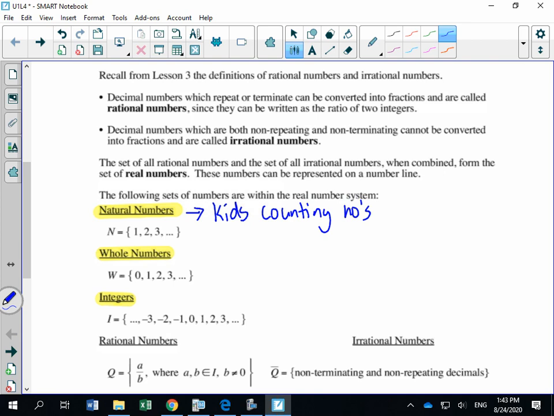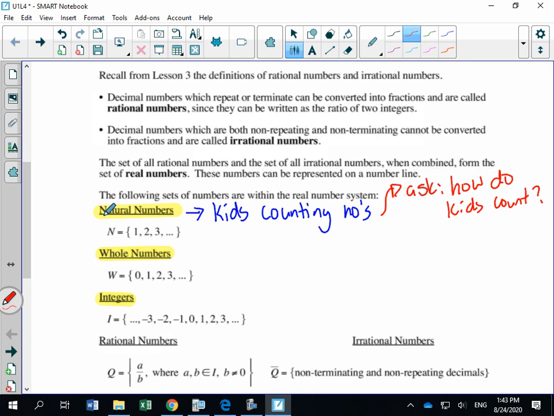And I want you to write this. Just write this. Ask, how do kids count? Kids count. If you remember kids counting numbers, you're going to remember natural. So if you have a little brother or sister at home, let's say they're 4 years old, and you say to your little brother or sister, count to the number 5 for me.